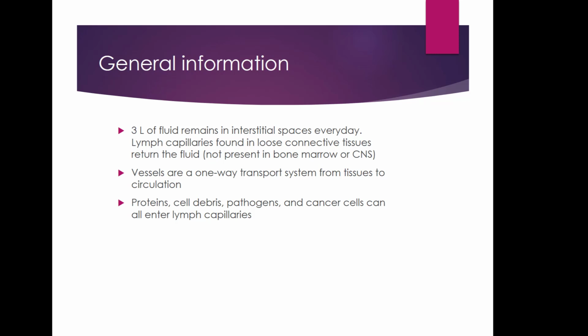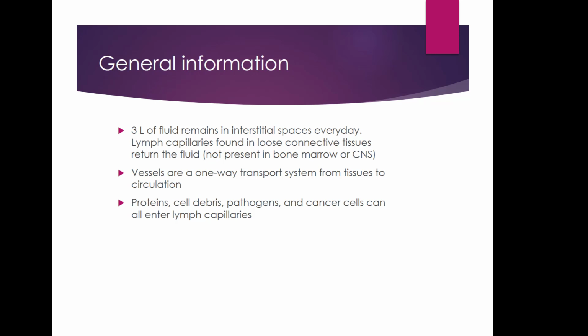So out there within the tissues, with the capillary beds running through them, is in a day 3 liters of fluid. But remember, we only have 5.25 liters of blood in us at any one time. And so if we let that material stay out in our tissues, our blood would become so viscous within a day that it wouldn't flow anymore.